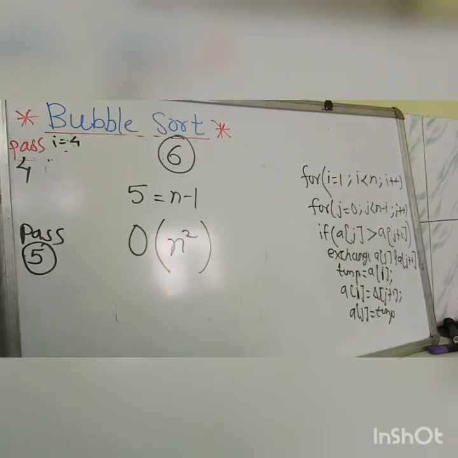This is the best case. But what is the worst case? The worst case is where we provide a large number of input numbers or input data to test the sorting technique, meaning whether it will satisfy the user's expectations or not. This is the worst case time complexity.